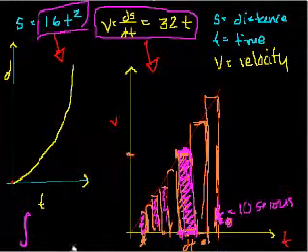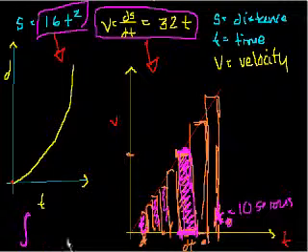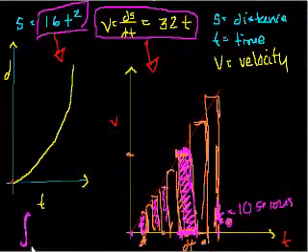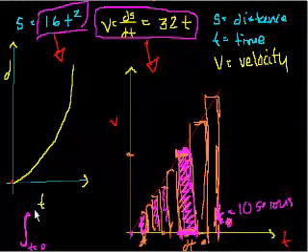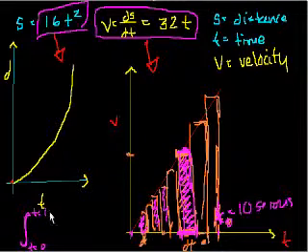But in this case, the indefinite integral is just saying, I'm going to take the sum from t equals 0 to, let's say in this example, t equals 10, because I said 10.